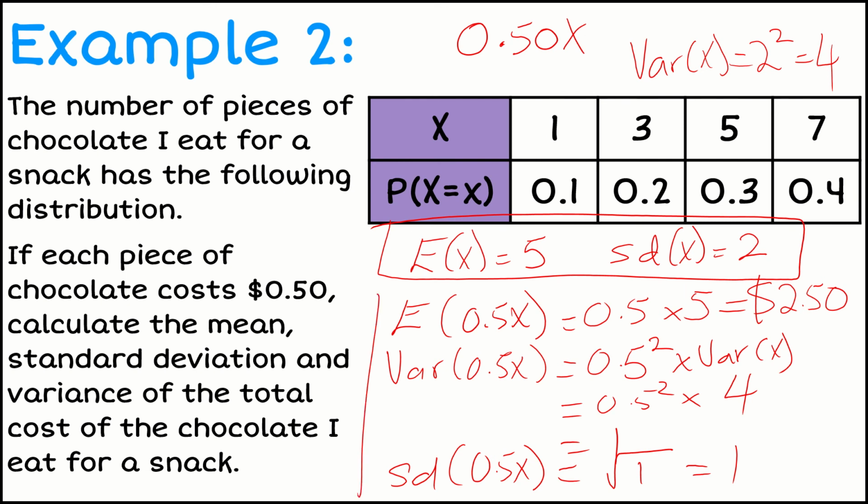What I've calculated is the mean and standard deviation for the total cost of that chocolate. So I've taken that information and transformed it to create a new variable or a new distribution, which uses that other one but uses additional information. Okay, so there's my distributions.